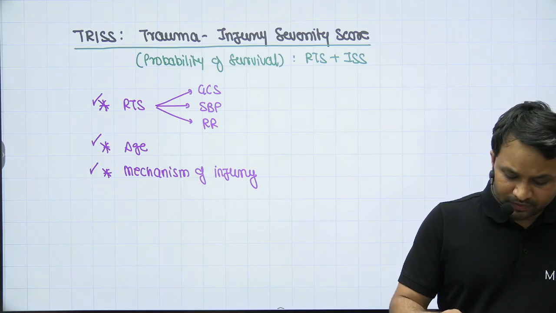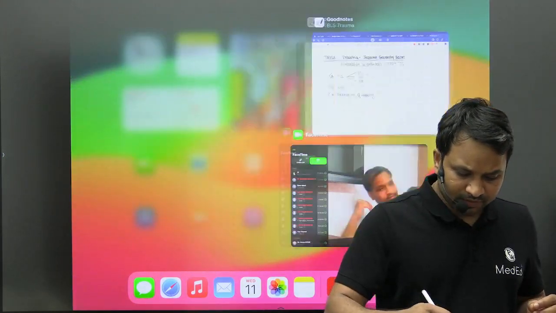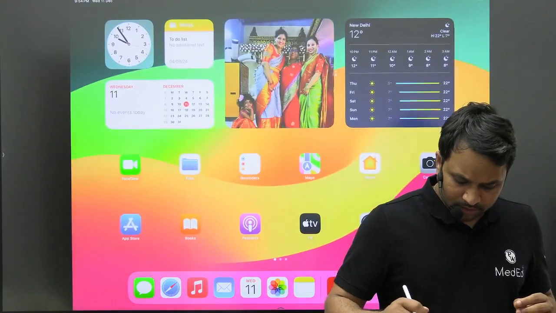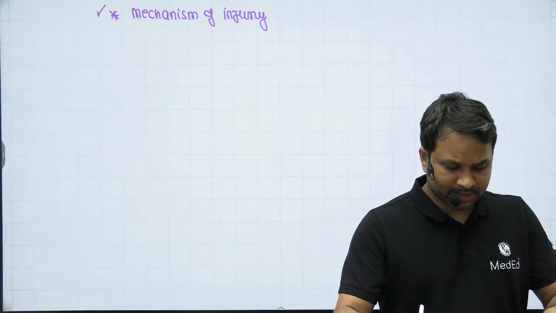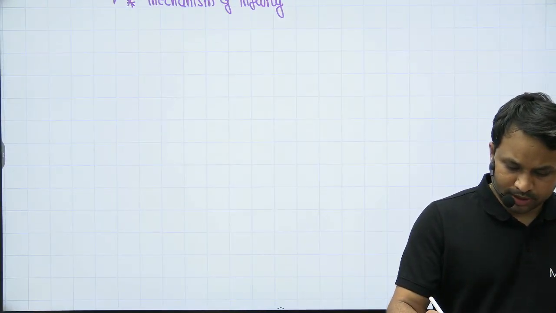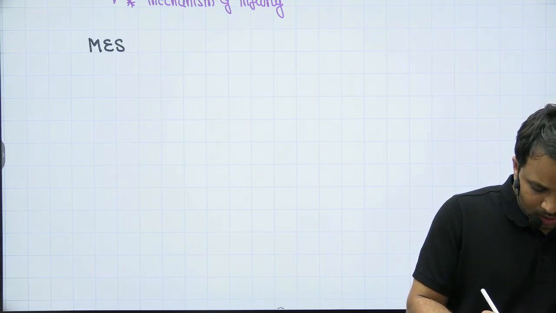Now, whenever you have an extremity trauma, in an extremity trauma setting, you have another scoring system which is called MESS. So one more scoring system that you're going to look at in the trauma scores is the MESS scoring system.